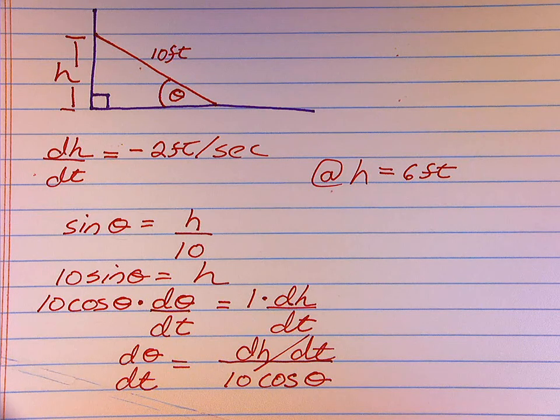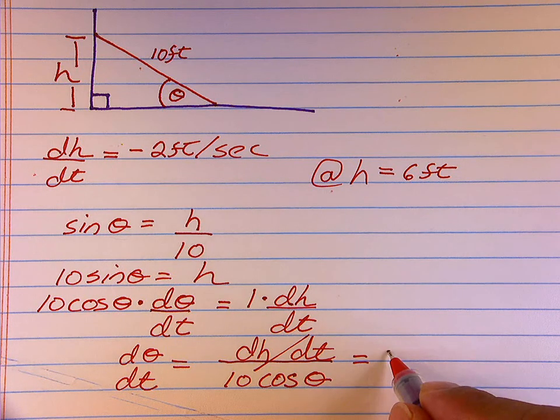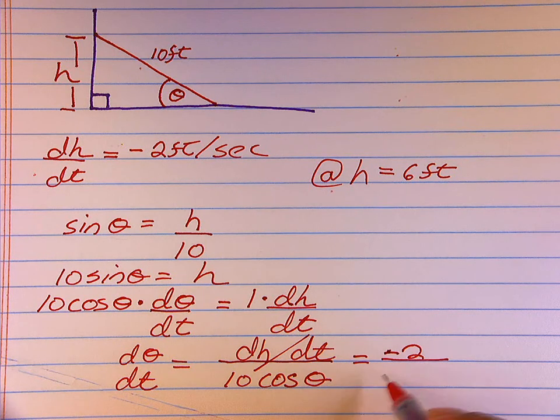Now, right now, what do I know? I know dh/dt, I'm sorry, is -2. I do not know what the cosine of theta is just yet. So, what is cosine?